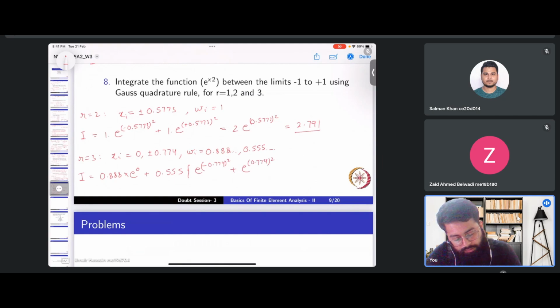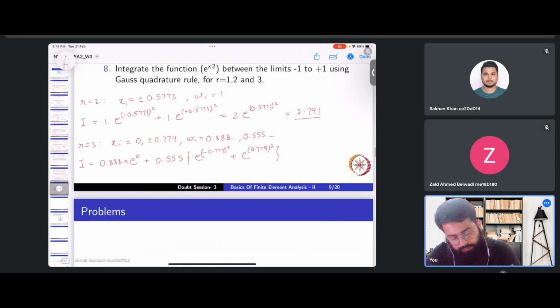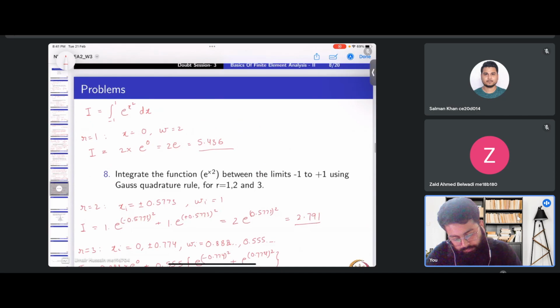Again, they both become equal. So we have 0.888. I'm sorry, I did something wrong here.